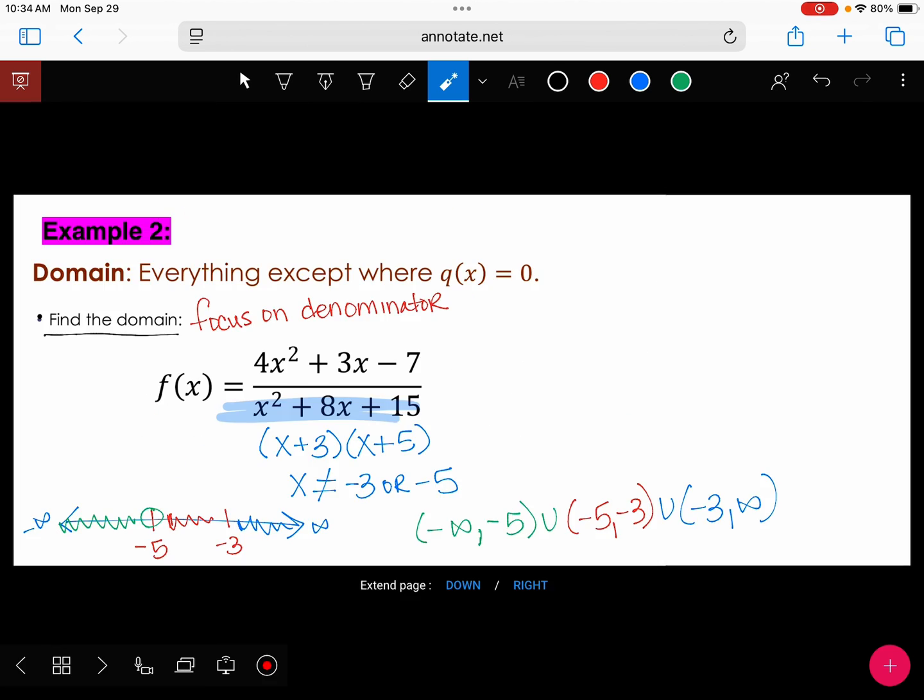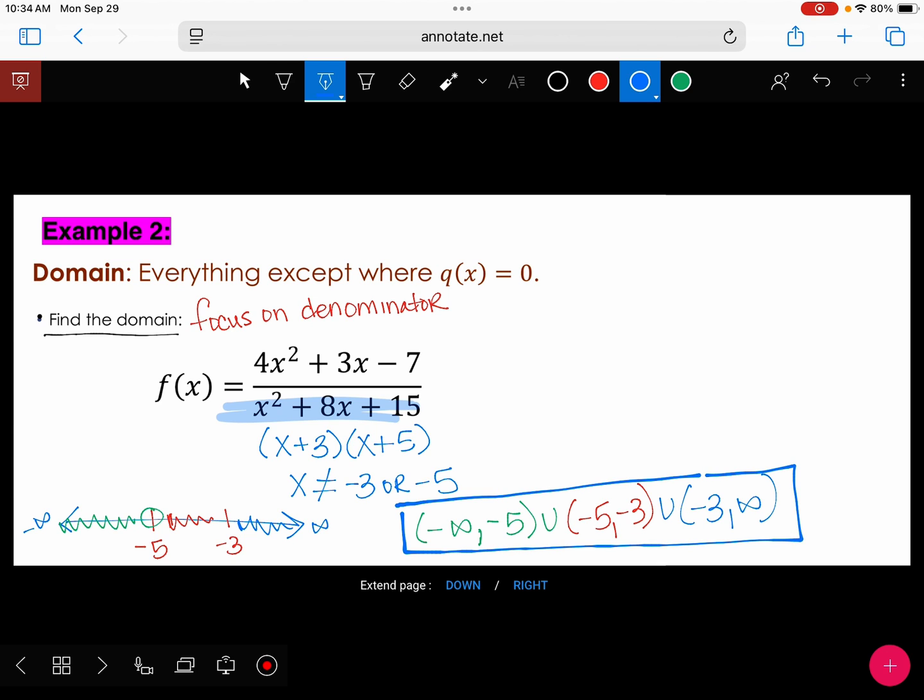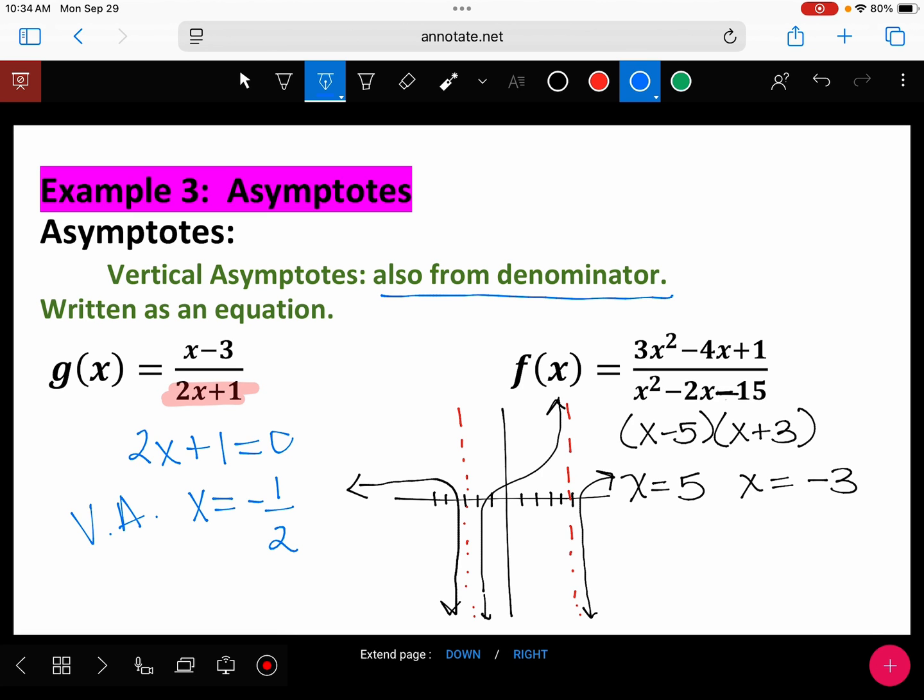The next thing we talked about is domain. Remember, we can't divide by 0. So we had to determine what numbers from positive infinity to negative infinity to exclude, and we had to write our domain. After domain, we talked about vertical asymptotes, which also come from the denominator, but it's written as an equation.